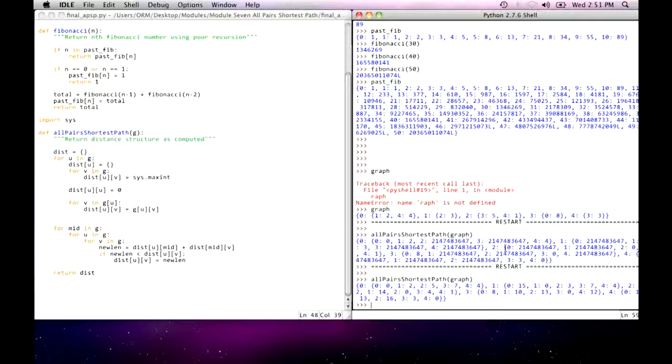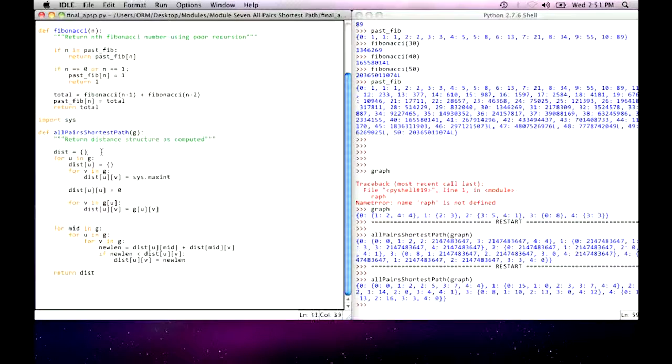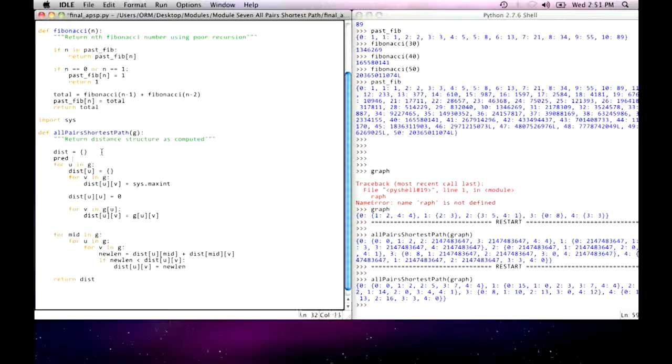The other thing I would point to is that without having a graphical representation, or even to show you what the solutions are, there's no point in wondering if these results are correct. And that's why we have to do the predecessor link so we can actually generate some of our solutions. Recall from the algorithm that not only do I want to keep track of the distance, I want to keep track of the predecessor links for each vertex u and v.